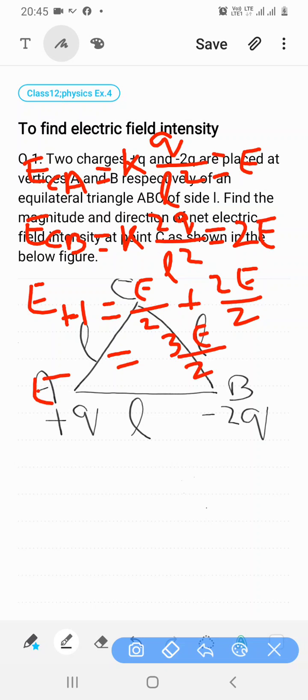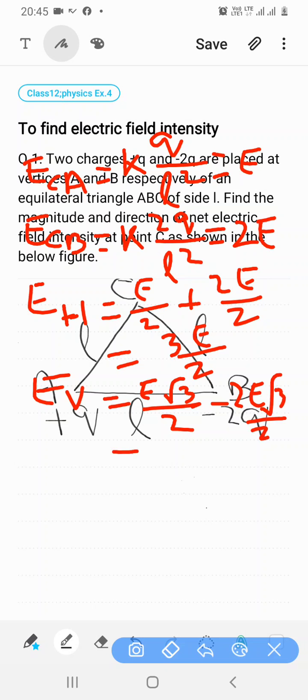Likewise, vertical component EV is equal to ECA sin 60 degree, that is E root 3 by 2, minus ECB sin 60 degree, ECB is 2E, so 2E root 3 by 2, and this comes out to be minus E root 3 by 2.